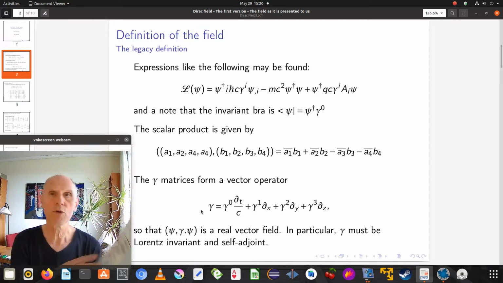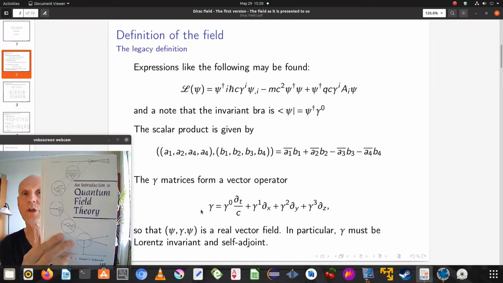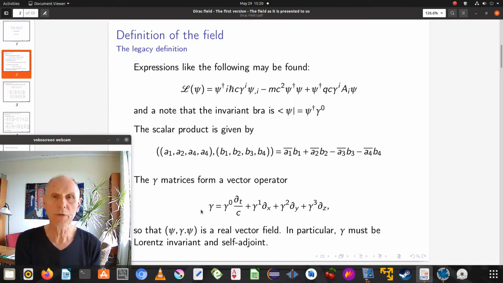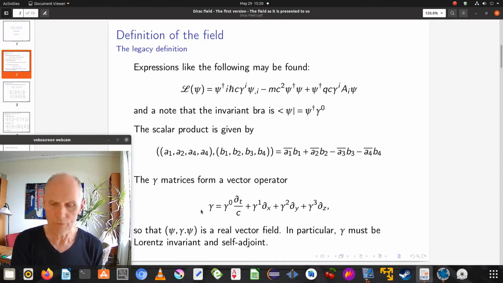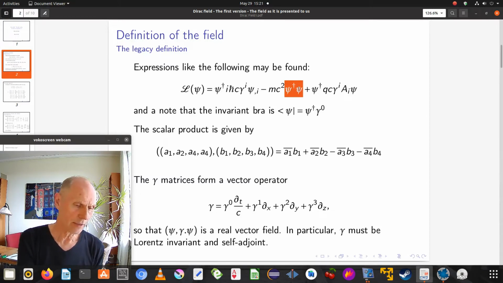Take for instance this book by Peskin and Schroeder. They explain it pretty well, but I think one has to know it well in advance to understand what they say. And in the section about free particle solutions of the Dirac equation, they say, we saw above, that's on page 47, that product is not Lorentz invariant.